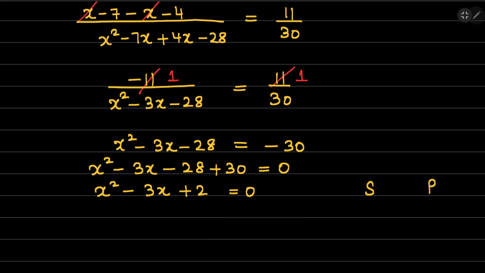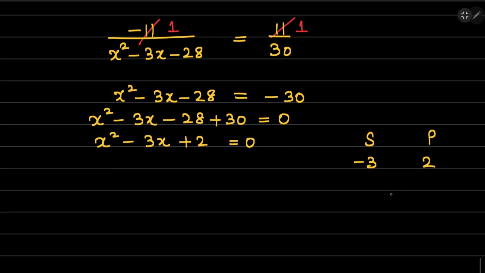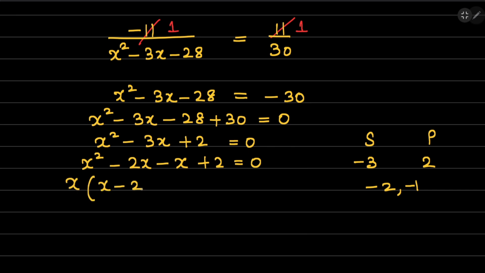What is your sum and the product? Sum is nothing but minus 3, which is your B. Product is A into C, which is 2. So 2 and 1 are the answers. If you put two negative signs, you'll get a sum of minus 3. So here you have x square minus 2x minus x plus 2 equal to 0 using middle term splitting. Take x common. You have x minus 2, again minus 1 common, x minus 2 equal to 0.